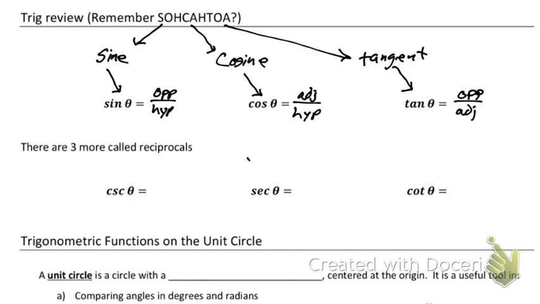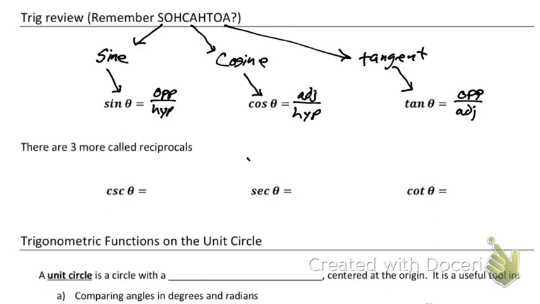All right, so we have all of our sine, cosine, tangent information. It has to be a right triangle. We'll make a right triangle in just a second. There's 3 more. That is our cosecant, our secant, and our cotangent. They're known as our reciprocals. A reciprocal is either 1 over what we're talking about, or you just flip the fraction.